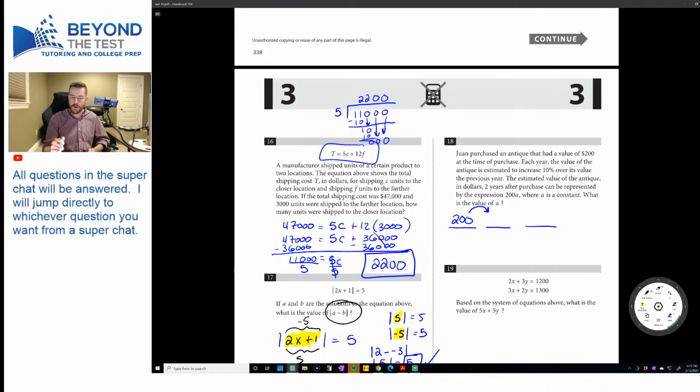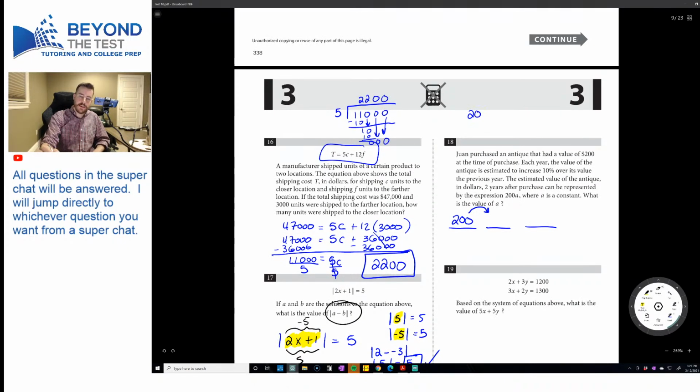If you know it, awesome. If you don't, here's a trick for you. The 10% trick is this. If you have 200 and you just move the decimal over 1 to the left, that's 10%. So if we have 200, 10% is 20. So if I increase this by 10%, this would become 220.